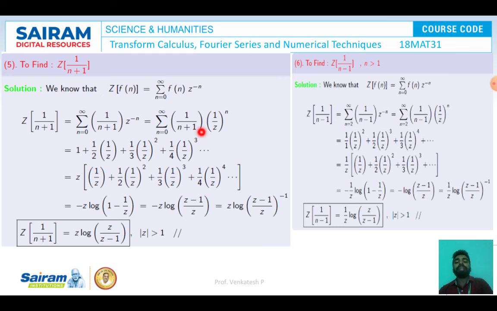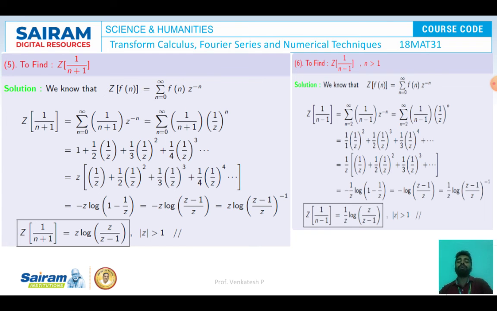So expanding the summation for n equal to 0, 1, 2, 3 till infinity, we got 1 plus 1 by 2 (1 by z) plus 1 by 3 (1 by z) whole square plus 1 by 4 (1 by z) whole cube. So by taking z common factor from the entire equation, we got z into [1 by z plus 1 by 2 (1 by z) whole square plus 1 by 3 (1 by z) whole cube plus 1 by 4 (1 by z) whole power 4 and so on].